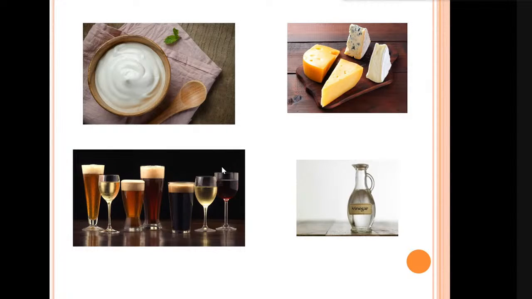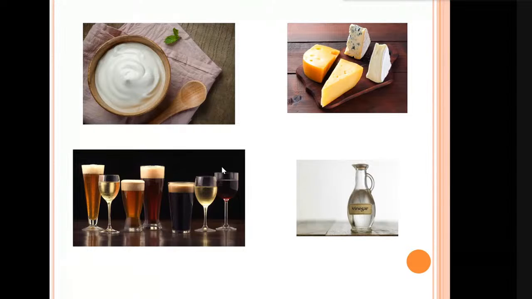So the first image we can see is of the curd, where lactobacillus is the microorganism that is used to do the fermentation of curd. Then for cheese, curd is used.